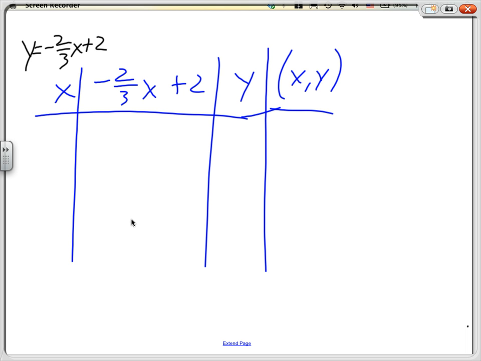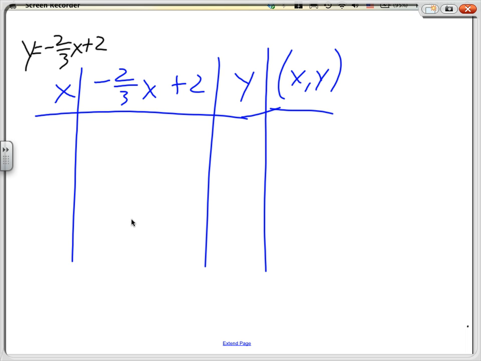So let's process. Here are a couple of rules I want to remind you of when you choose your own inputs. First of all, choose numbers that are small enough to process. You don't want to pick 1,000 or 1,542. Doesn't make sense. So pick small numbers. Secondly, what else?